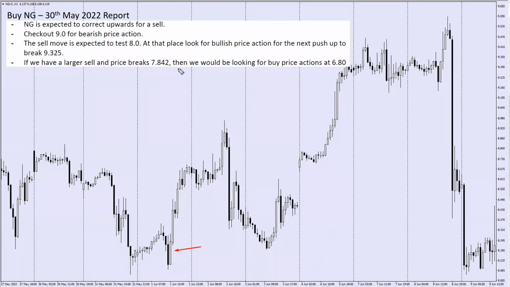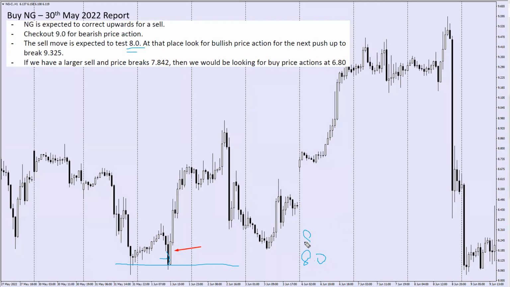If I give you an area, let's say an area like this, $8, right? And it comes to that $8 area, all you need is for this candle to come to this area or zone. It hits our area or zone. So for example, this is $8, an area that I gave you all.